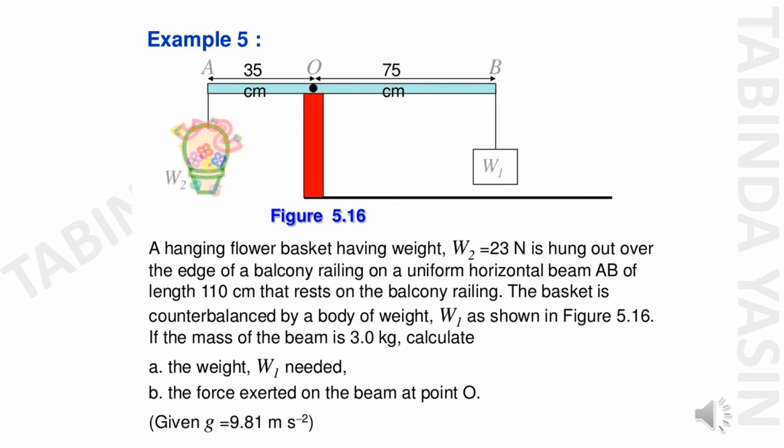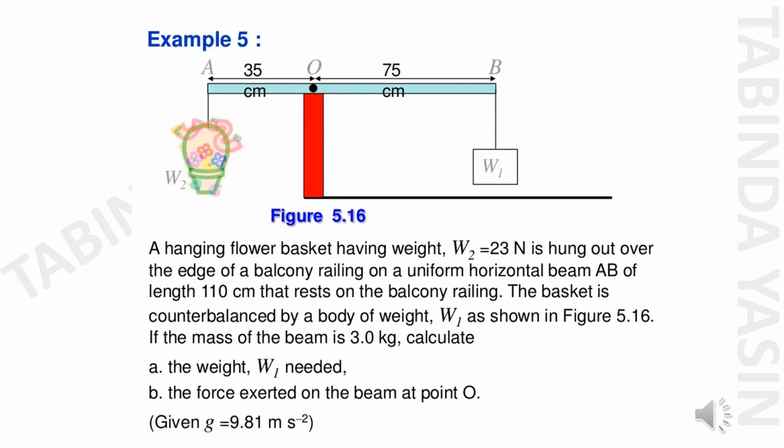A hanging flower basket having weight W2 equal to 23 Newton is hung over the edge of the balcony railing on a uniform horizontal beam AB of length 110 centimeter that rests on the balcony railing. The basket is counterbalanced by a body of weight W1 as shown in the figure. If the mass of the beam is 3 kg, calculate the weight W1 needed, and in part B, the force exerted on the beam at the point O.